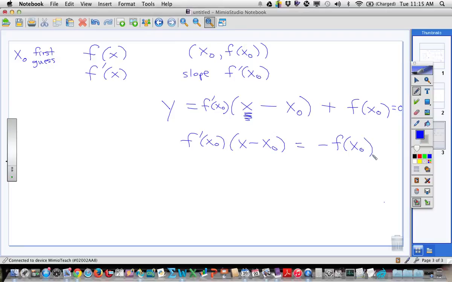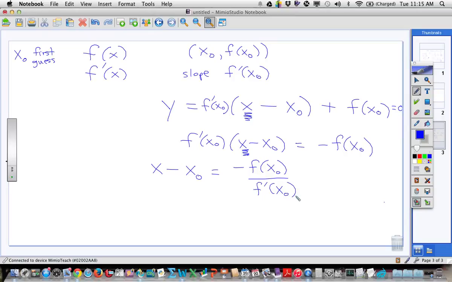I would have that right there. Now I'm trying to get this x by itself. So what can I do next? Divide by f prime. So I got x minus x sub 0 equals negative f of x sub 0 divided by f prime of x sub 0.